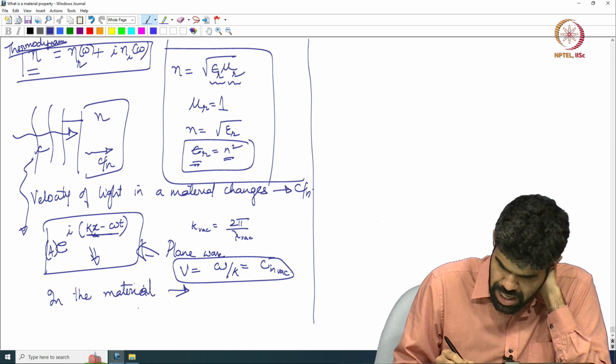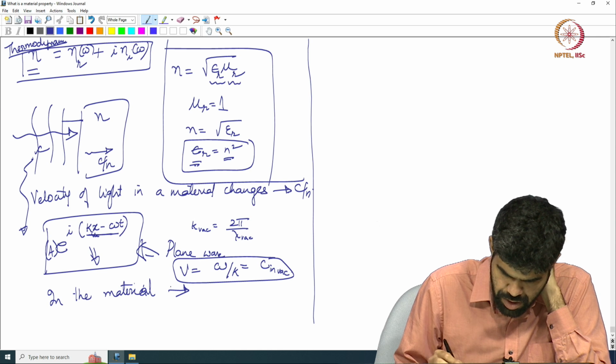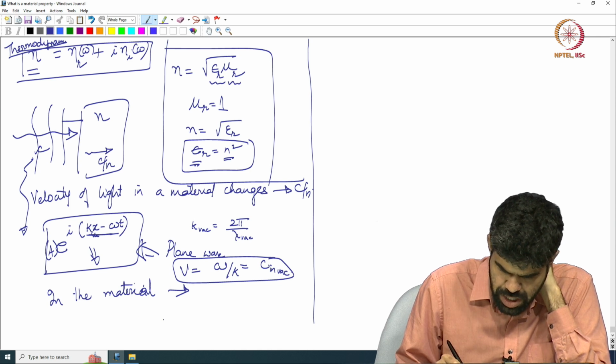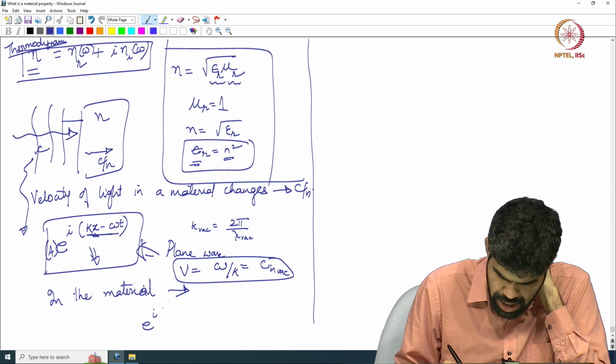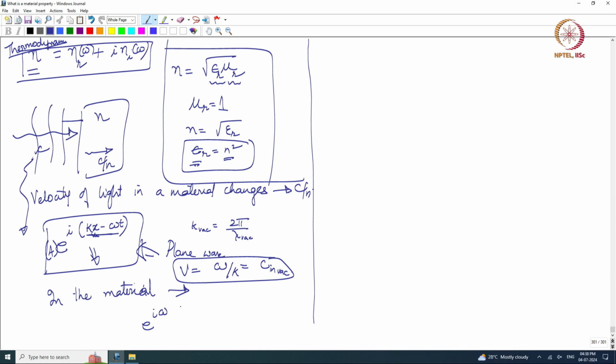Now in the material, right. So I am going to take out the omega. So e power i omega (x by c minus t), right.